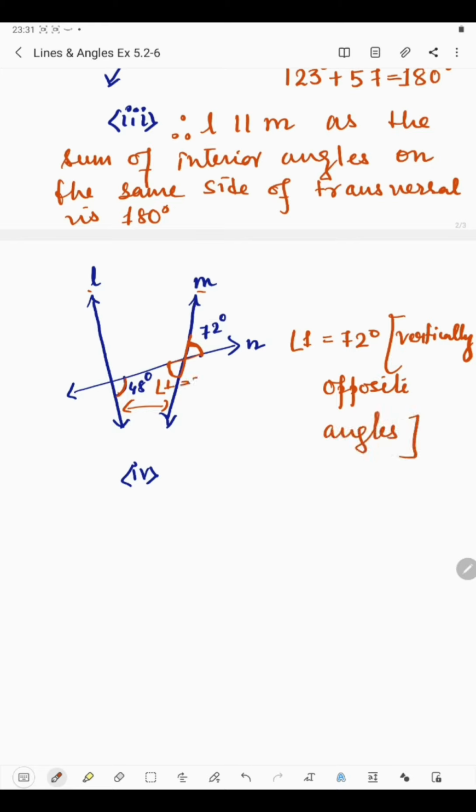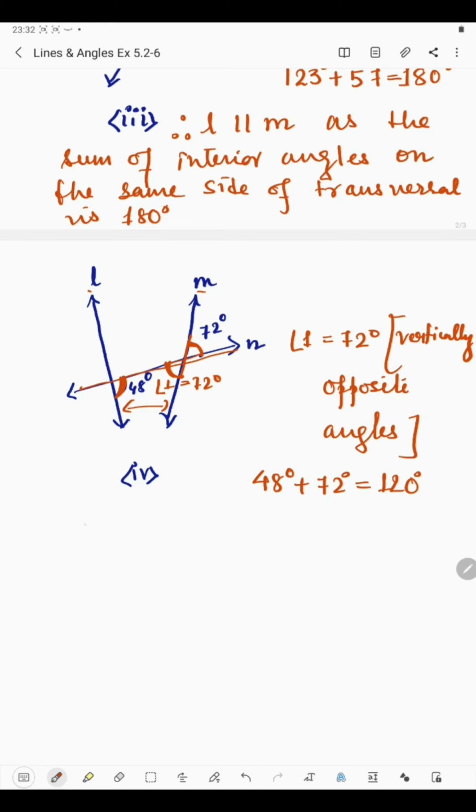Now these and these angles are interior angles on the same side of transversal N. So we will add 48 degrees and 72 degrees. Let's check whether we get 180 degrees or not. So 8 plus 2 is 10, 0, 1 carry, 7 plus 4 is 11, 11 plus 1 is 12. So we have got 120 degrees, which is less than 180 degrees.